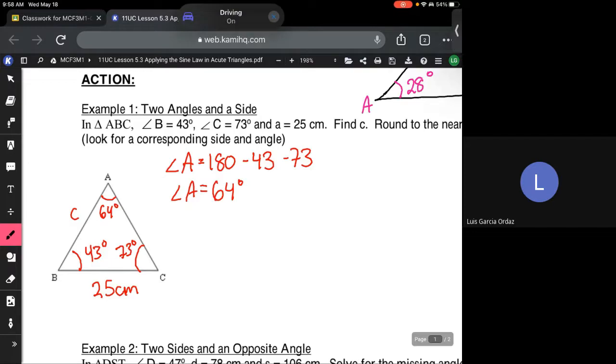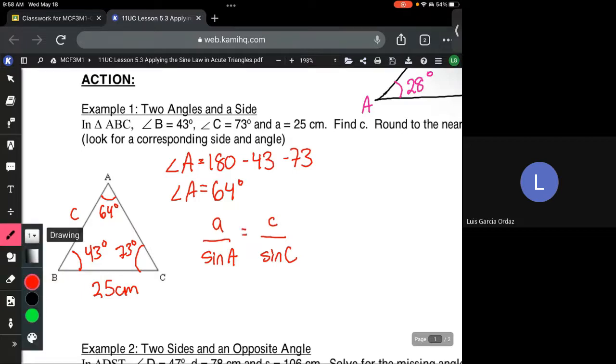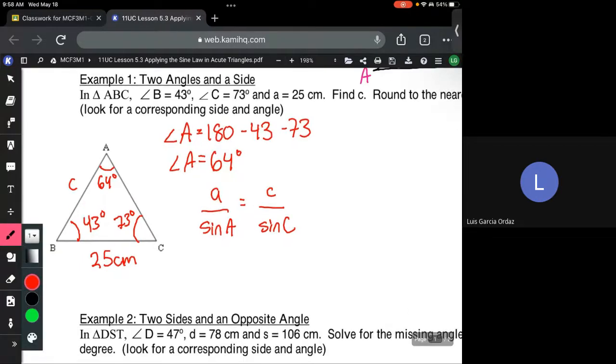So what do we have fully given? The A. So I have A over sine A, and because we're finding C, it's going to be C over sine C. So I know that my measurement for A is 25, and sine of A, which is sine of 64, because angle A is 64 degrees.